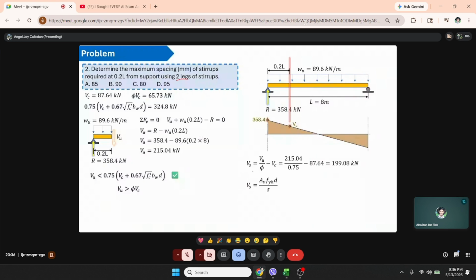And using this formula, we isolate S. So need pa nato og Av, and indicated sa problem na using 2 legs of stirrups, so times 2, and the diameter sa stirrups is 10 mm. So ang area sa stirrups is 157.1 square mm.